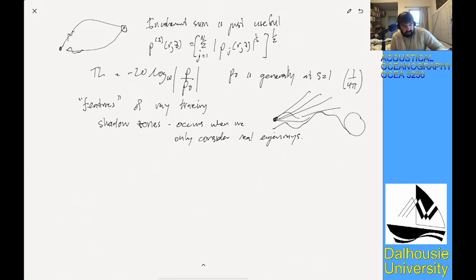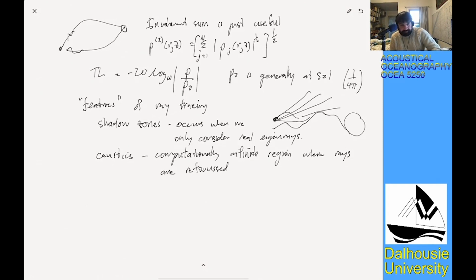The other interesting thing that arises is caustics. And that's a computationally infinite region where rays are refocused.